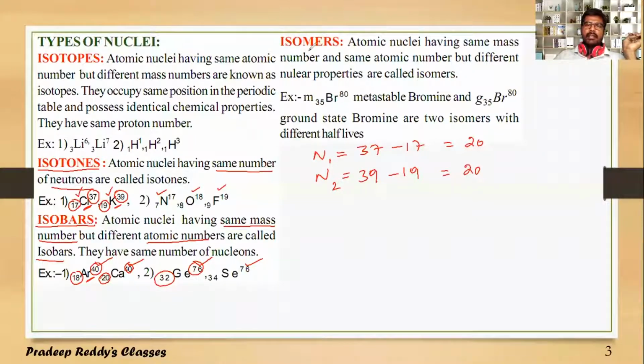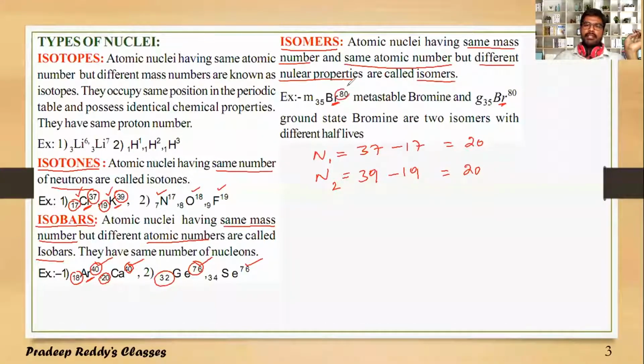And the next category is isomers. Atomic nuclei having the same mass number and the same atomic number but different nuclear properties are called isomers. Their atomic numbers are the same, their mass numbers are the same, but they have different nuclear properties. Say for example, we have these two elements.